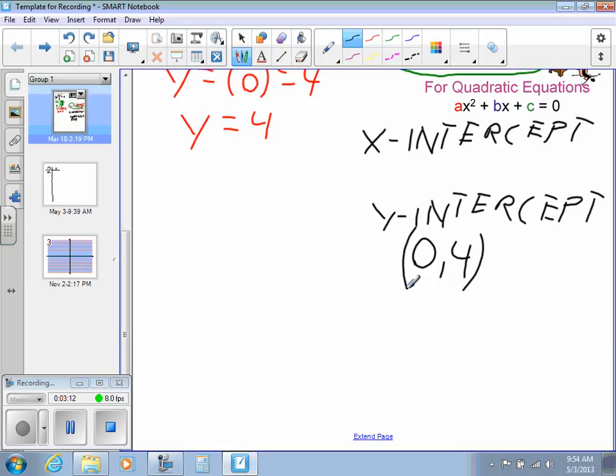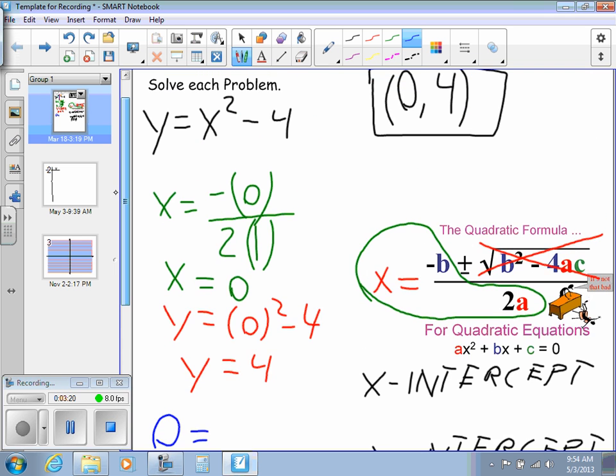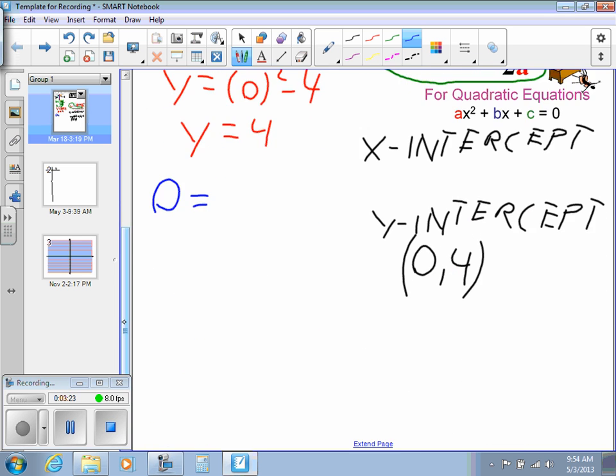So now I have, and let me change colors again here, 0 equals, and my original equation was x squared minus 4. X squared minus 4, and I am now going to solve for x to find what my x-intercept is. So in this case, we can factor this as a special product. If you know the pattern, you don't need to use the box, but you can use the box if you don't know the pattern.